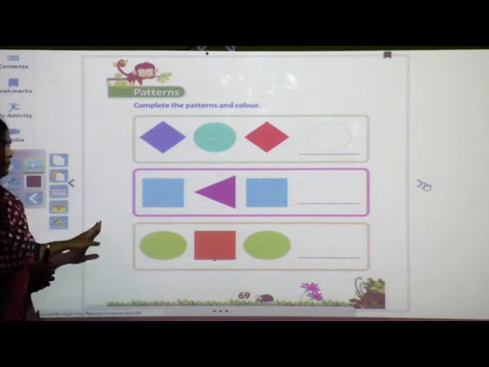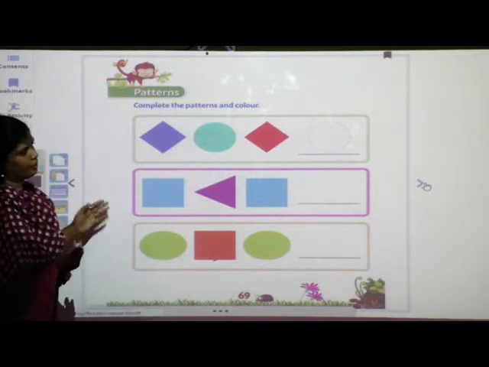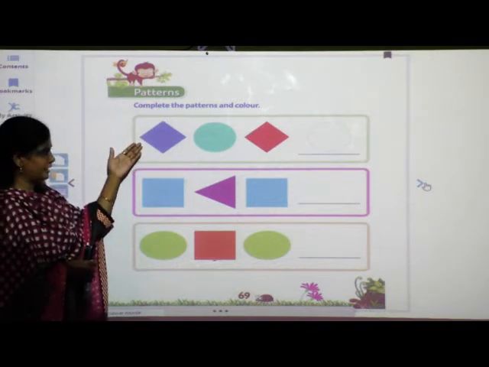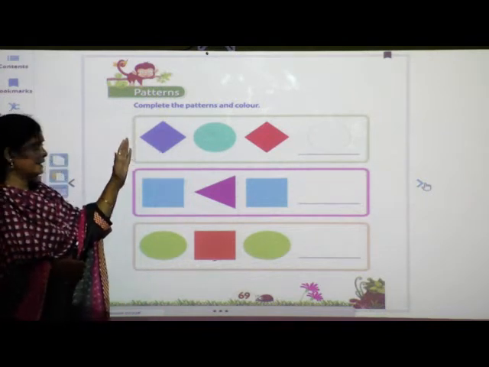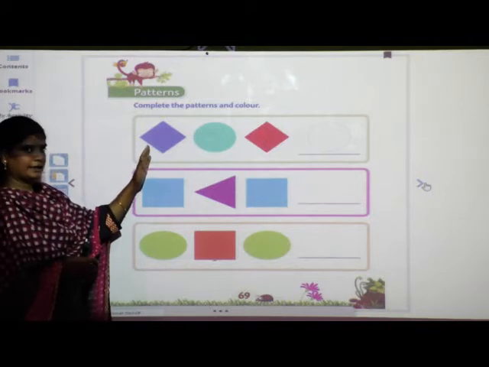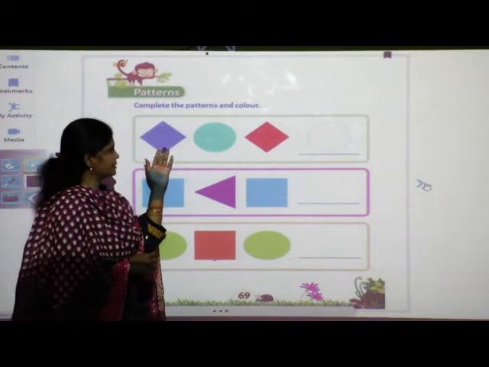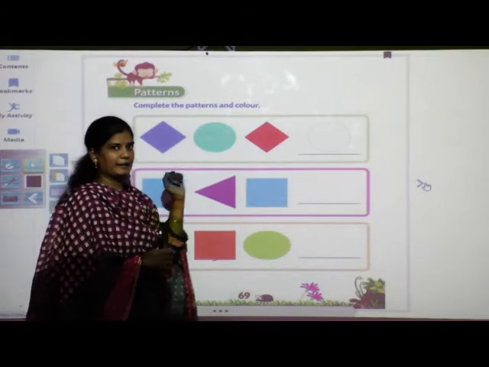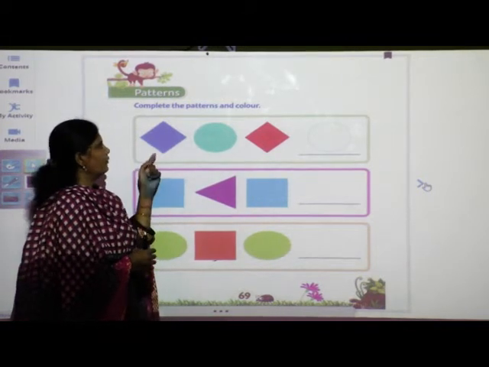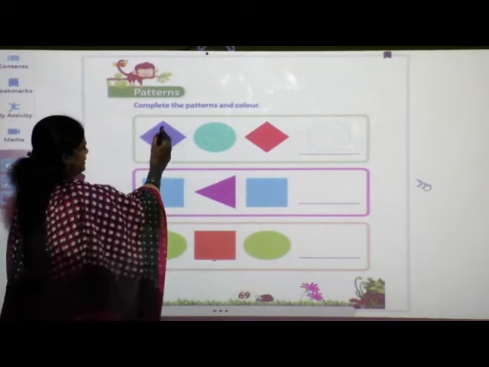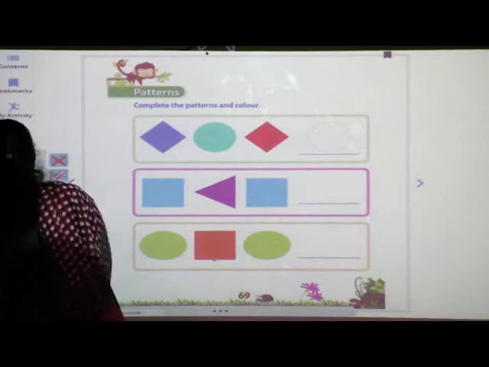But can we draw whatever shapes we want? No, they have given the shapes already here, and in that we have to see and complete the pattern. Yes, we have to see the shapes and then complete the patterns. So here what can you see, which shape is this? Yes, like this, which shape is this?